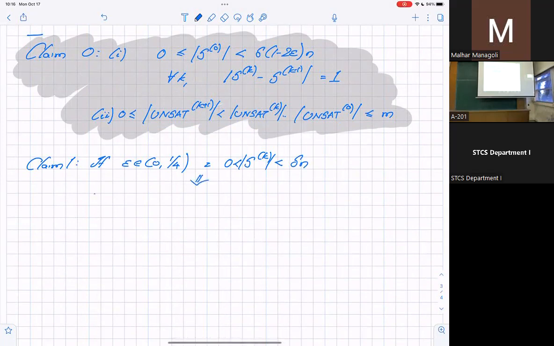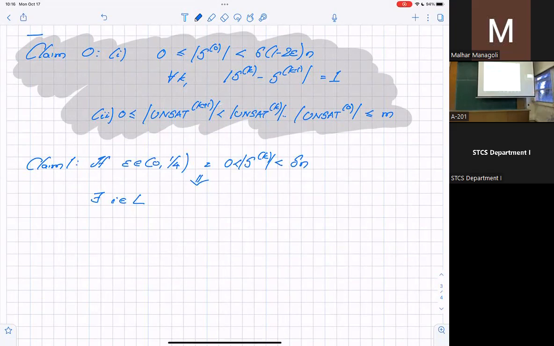Then there does exist a variable. Notice the while loop doesn't just say that as long as S_k is not empty, it is going to proceed. It needs a variable for which it sees more unsatisfied neighbors than satisfied. It could be the case that you are in a word which is not a codeword, but every guy sees more satisfied neighbors than unsatisfied. That could be the case, but I want to claim that's not the case.